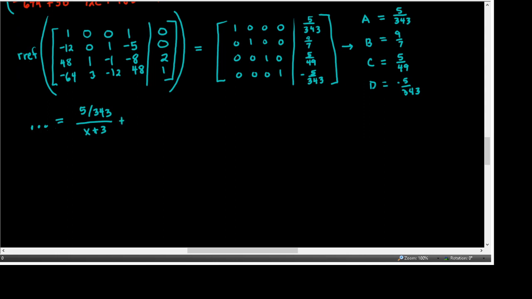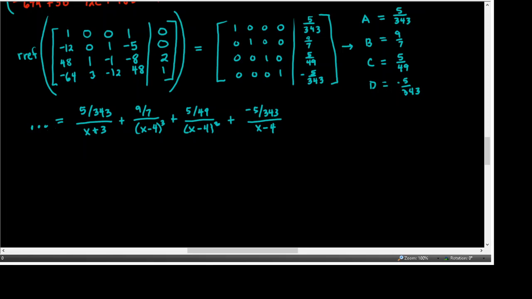Plus b, 9/7 over x minus 4 cubed, plus c, which is 5/49 over x minus 4 squared, plus d, which is negative 5 over 343 over x minus 4. Okay, so that's how that works.